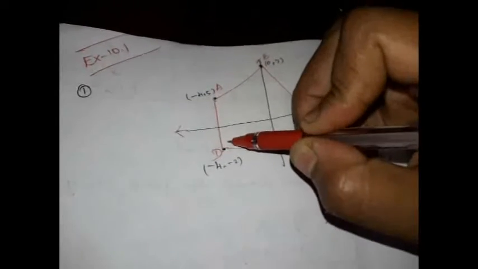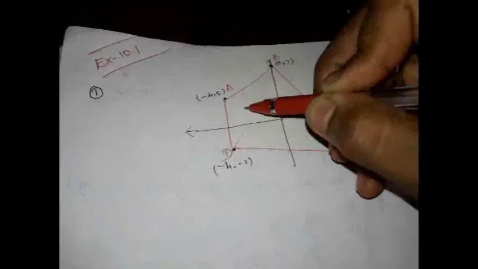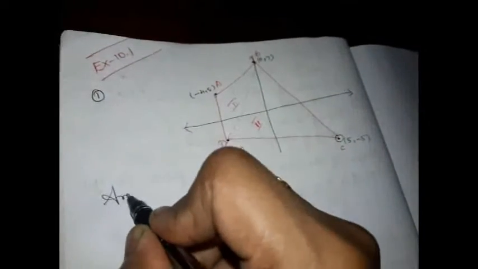They asked you to find its area. So how can we find the area of this quadrilateral? We are going to draw one diagonal now, so that we will get 2 triangles. We can find the area of this triangle, and then we can find the area of this triangle, and then we can add those 2 to get the area of the quadrilateral. That is the idea behind it, right? Now how will you find the area of a triangle? We know a formula.